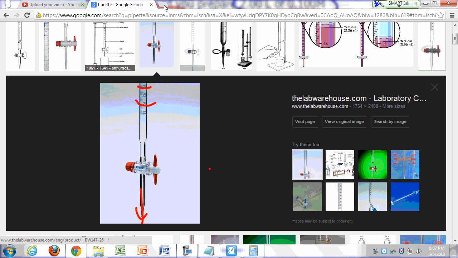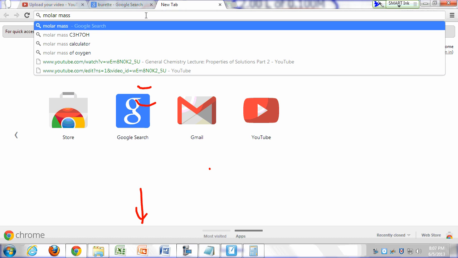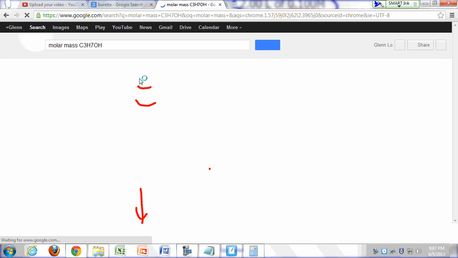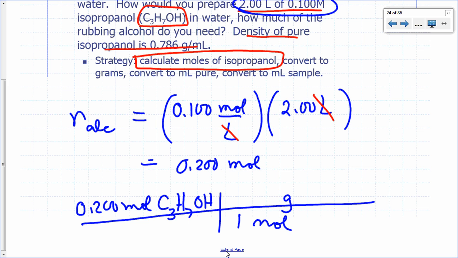Let's just go to molar mass C3H7OH. I've done this search earlier. It's 60.1 grams per mole. If I need more sig figs, it's 60.095 grams per mole.